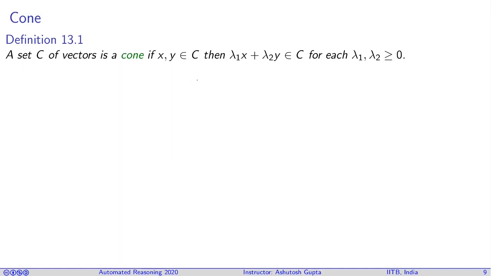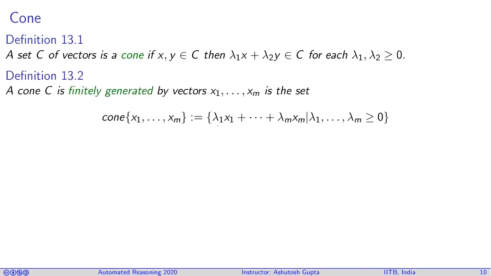Okay, so let us define the concept of a cone. A set of vectors is a cone if any positive linear combination of two vectors in it is within the cone. For example, let's suppose you have two vectors, and anything in between, you can put in the cone, and this we'll call a cone.